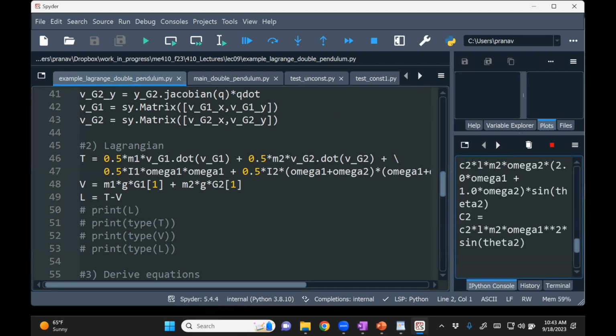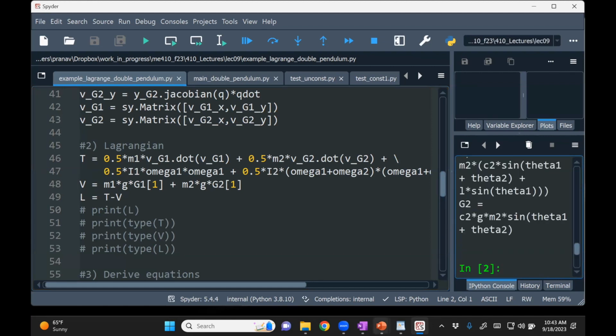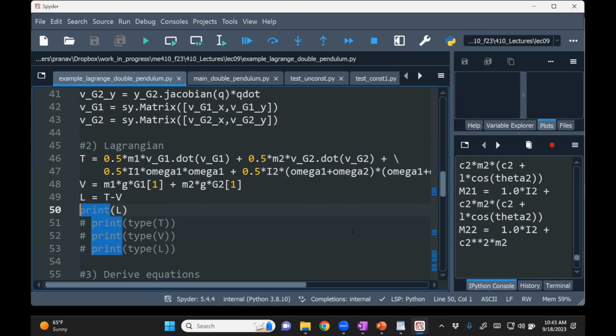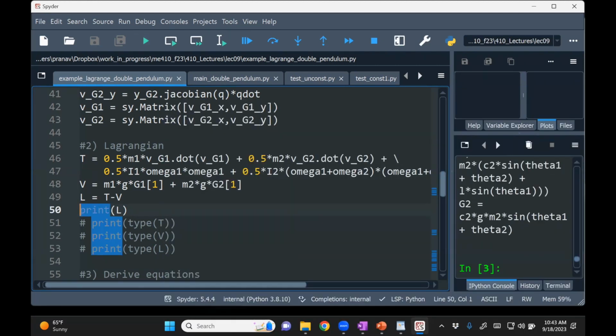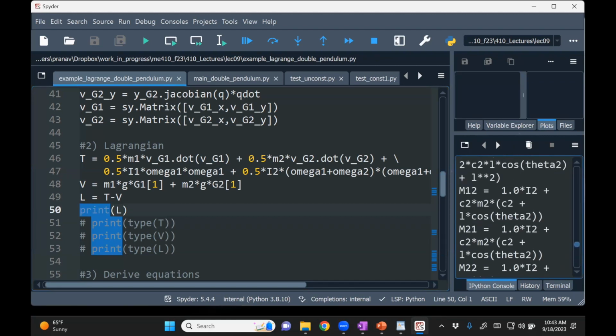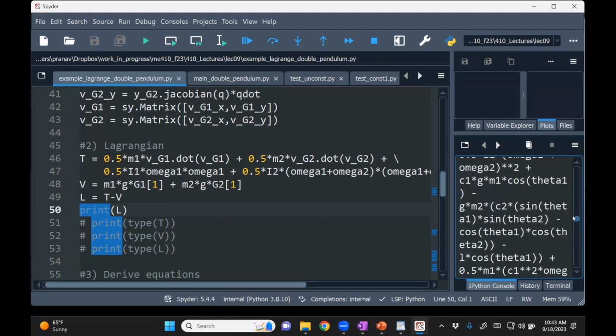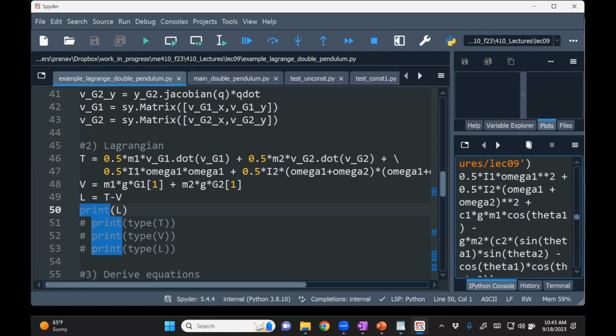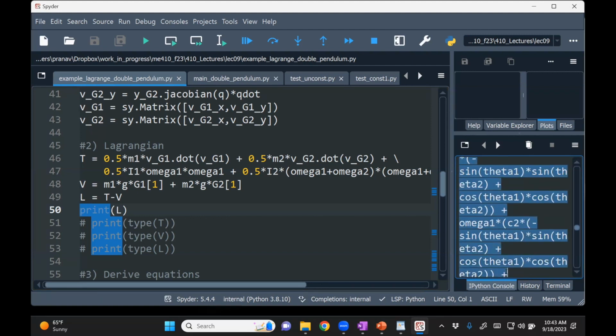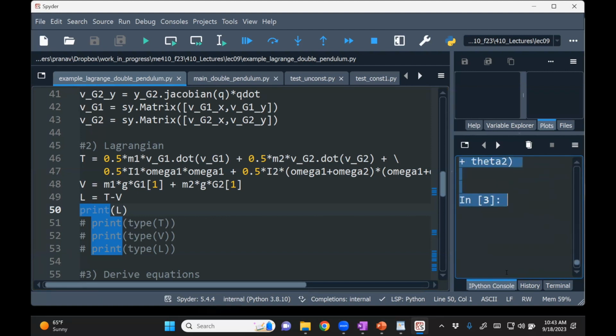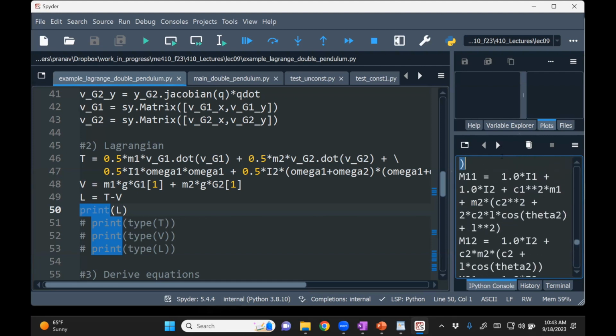So maybe, sorry, it'll print the last lines, but let me make it print L. Okay, so it printed L, and let me see what L looks like. This is L. This is this piece. Not so much.